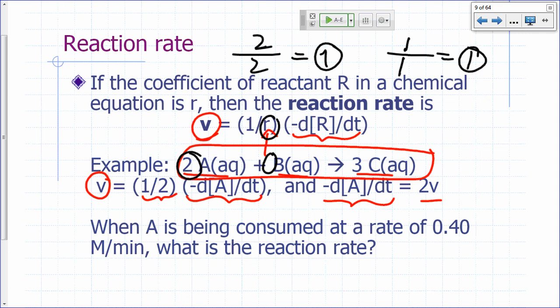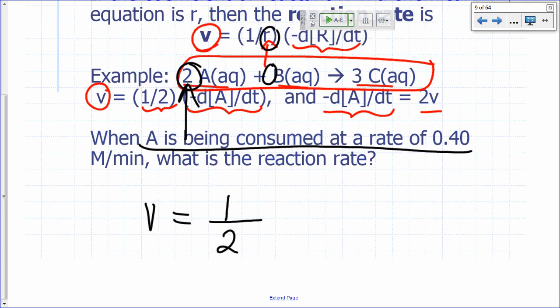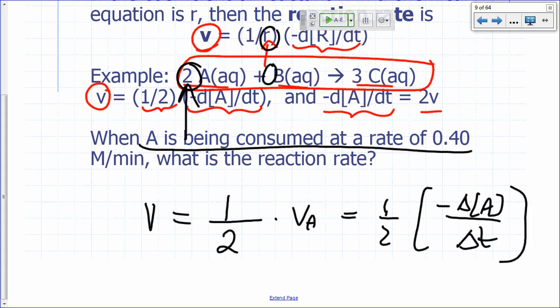Okay, so for example, let's look at this question right here. Suppose A is being consumed at a rate of 0.40 moles per liter per minute. What's the reaction rate? V would be equal to 1 over the coefficient of A, which is 2, right, times the rate of consumption of A. So I'm just going to call that V sub A. So that's 1/2 times negative delta A over delta T, the rate of consumption of A. And the 2 here is the coefficient of A in the balanced equation.